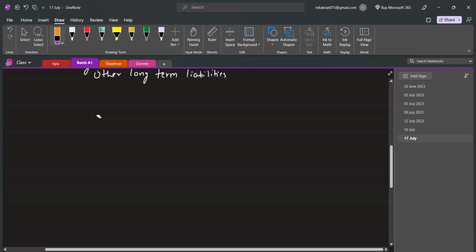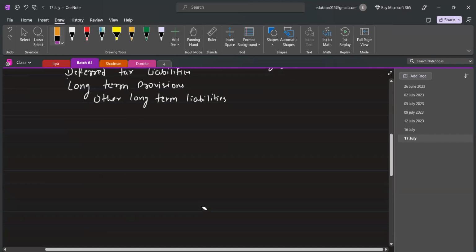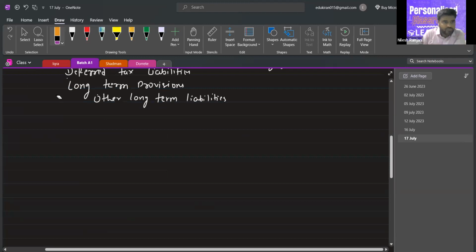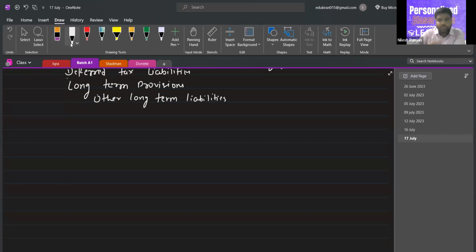Okay. So generally provision is sometimes related to assets also, like provision for depreciation, provision for bad and doubtful debts. So we write these provisions which are related to assets. But here, the provision for bad and doubtful debts and provision for depreciation are deducted from the respective assets.